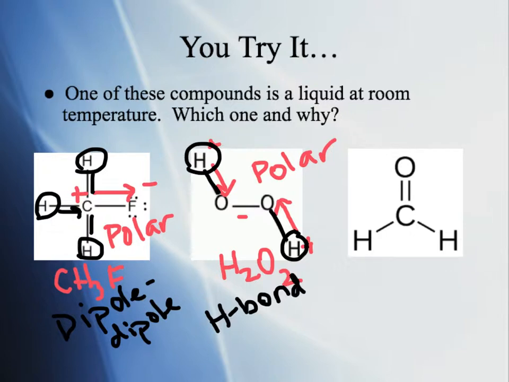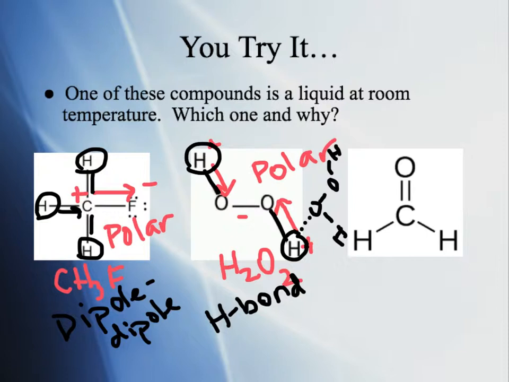So if we had another H2O2 molecule hanging around, the H's here would be attracted to the oxygens of another molecule, and it's going to be a lot more attracted than the CH3F over on the left side.